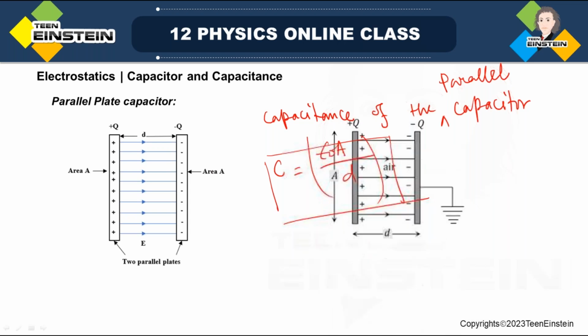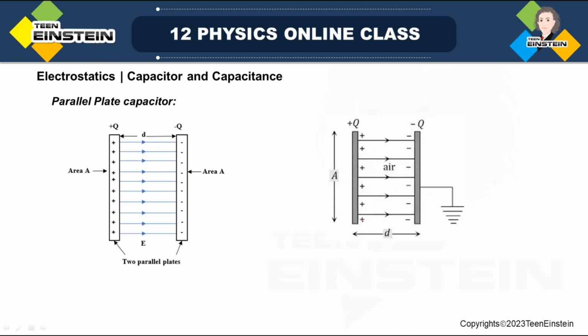Now we'll go to a different situation. This is also one way to charge the two conductors of a plate. Somehow, if you can put positive charges on this arm, and the other arm you are not giving anything but it is earthed, then the equal and opposite negative charge will automatically be induced.